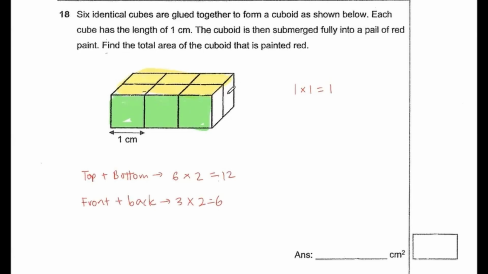So each side has 2. So 2 times 2, because there are 2 sides, left and right. Now add them up. 12, 6, and 4. 22. So answer 22 square cm.